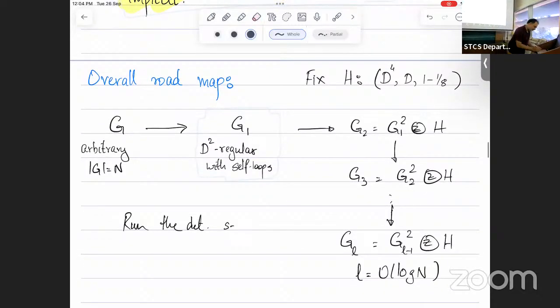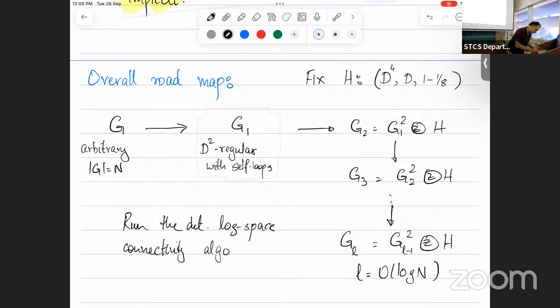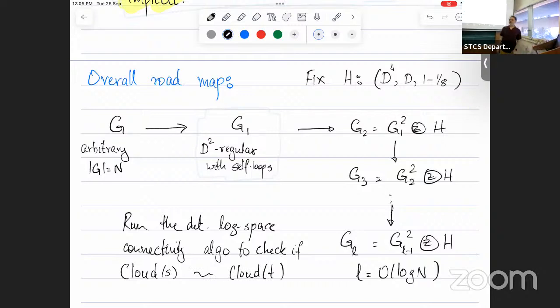Okay, and we'll run the deterministic log space connectivity algorithm to check if cloud of S is connected to cloud of T. In this process, every old vertex would have now become a larger cloud.